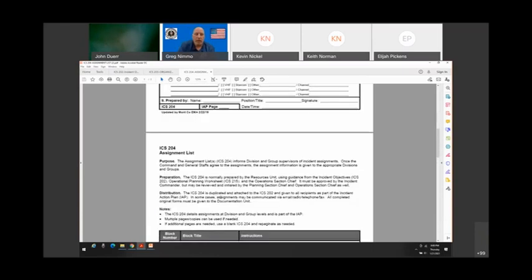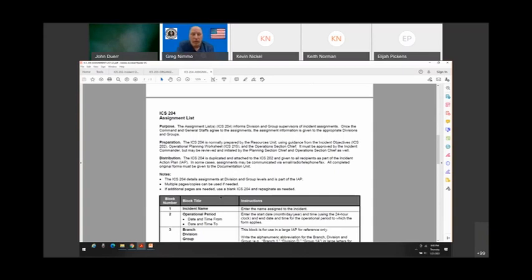So again, here's some more of the assignment list. These forms are out there on the internet, so anybody can have and use them.